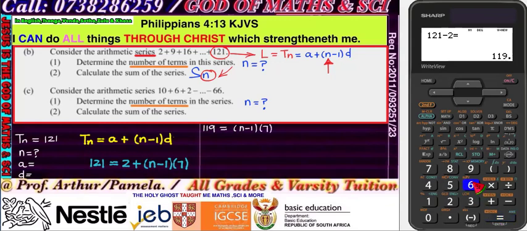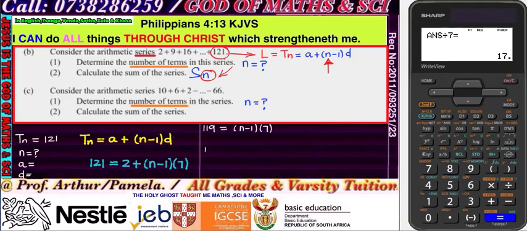You have a choice. You can either divide both sides by 7, or you can multiply the 7 into the parentheses. I prefer to divide because it goes faster. So here I'm dividing, I get 17.